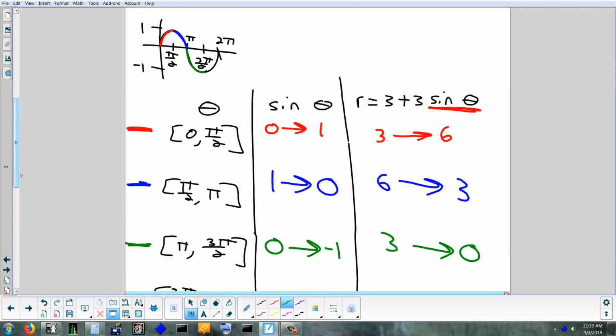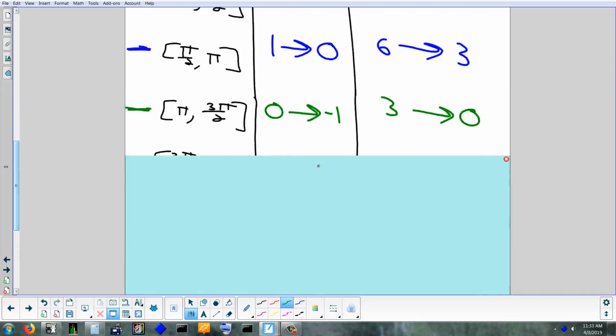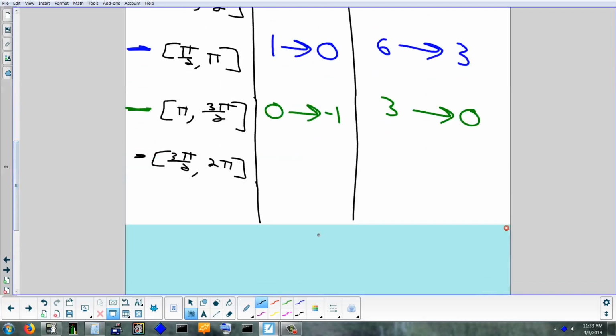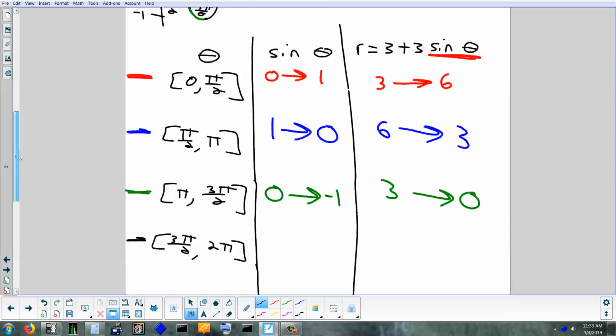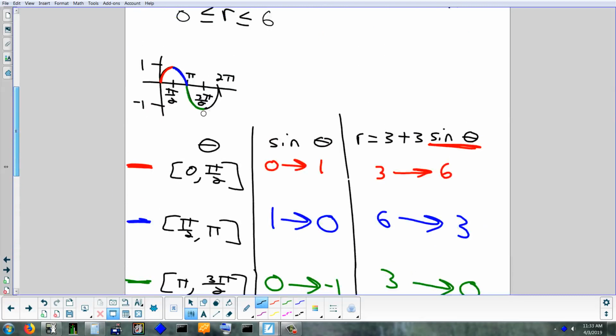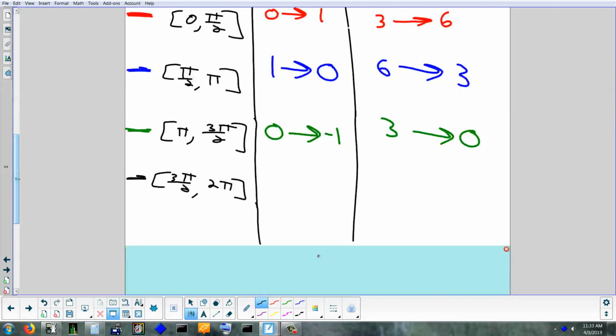And now the last part is the part in black. That's pretty much a mirror image of the part in green. This is a symmetrical picture when we draw it. We're starting at a y value of negative 1, and we're heading up to 0. What's that going to do to my radius? Just the opposite of what happened in green.